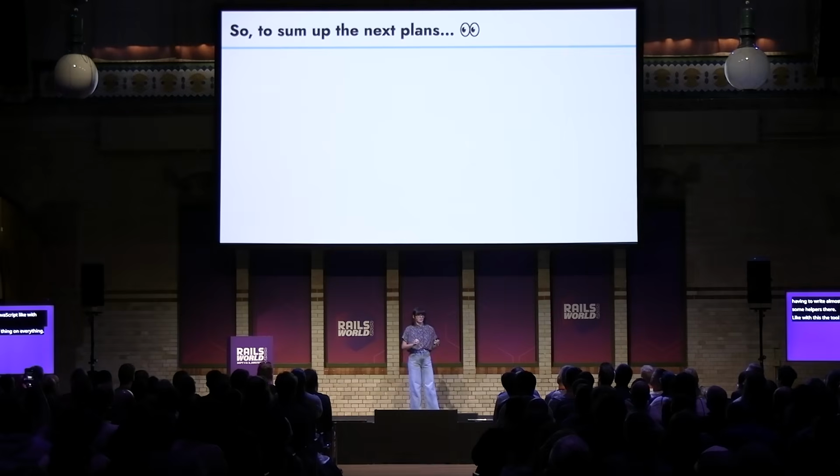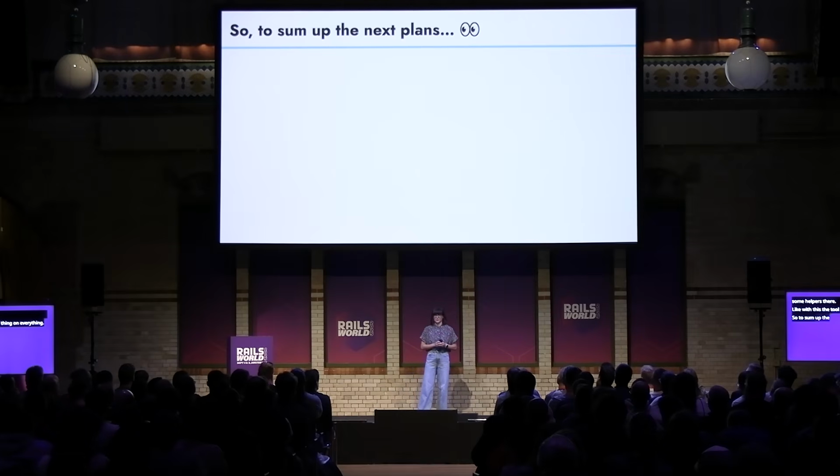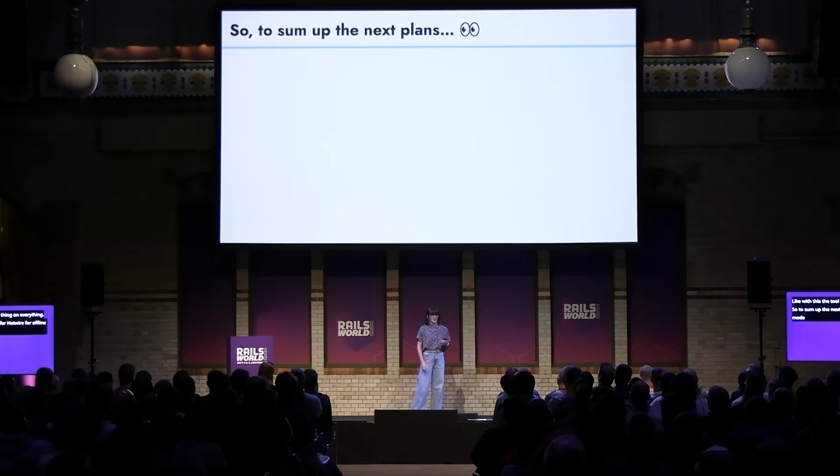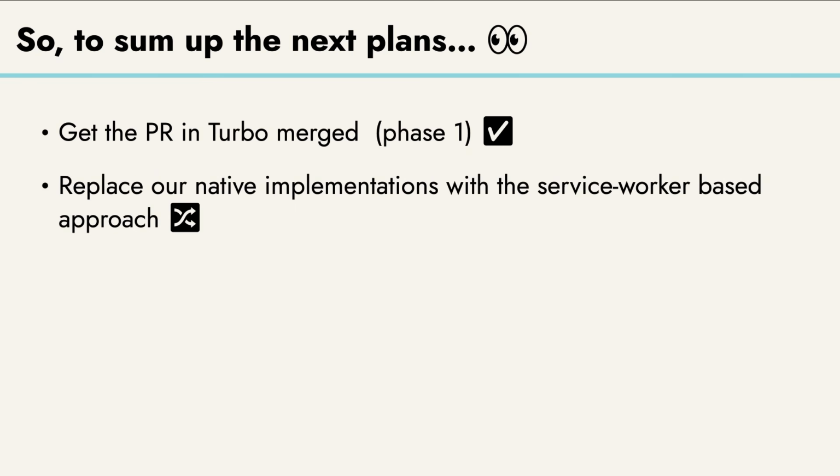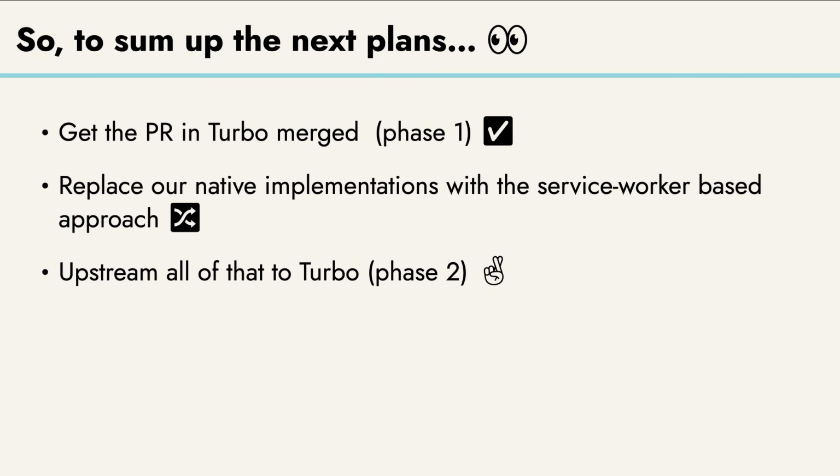So to sum up, the next plans for offline mode for Hotwire: I need to get the Turbo PR merged and the small changes in the other repos to support this. I need to finish replacing the native implementations we still have in our Hey apps with this approach, and then upstream all of that to Turbo.